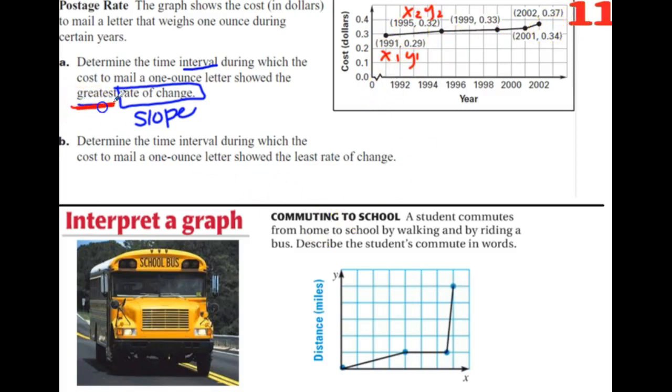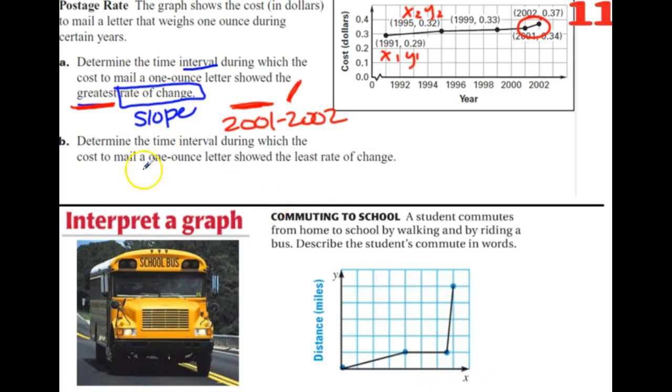Or you can just look to see which one is going to be the greatest slope. This would be a pretty flat slope of 0. If something's going up like that, it would be the greater slope. So I can see by the graph, just looking down here, this one's going up a lot quicker than these flat ones are. So our greatest slope would be from the years 2001 to 2002.